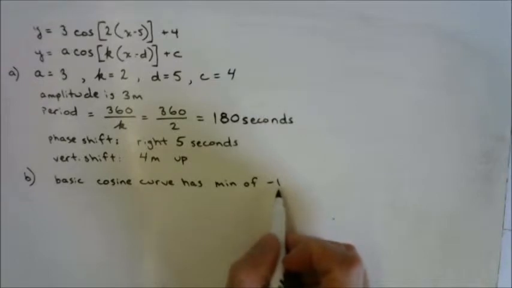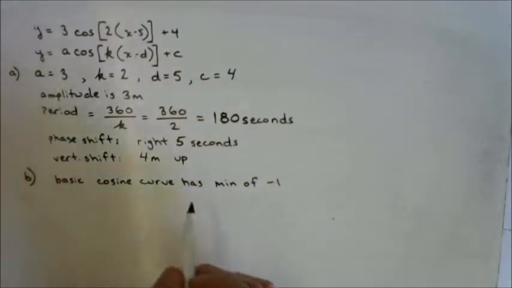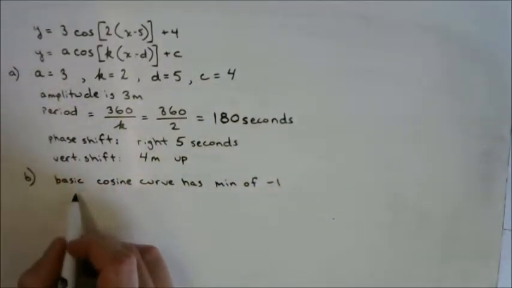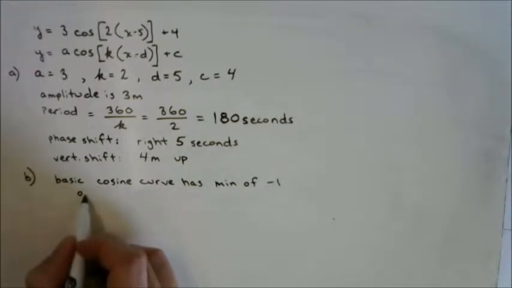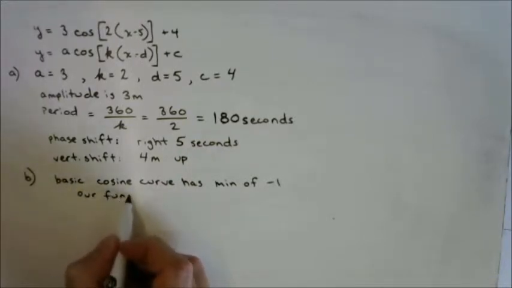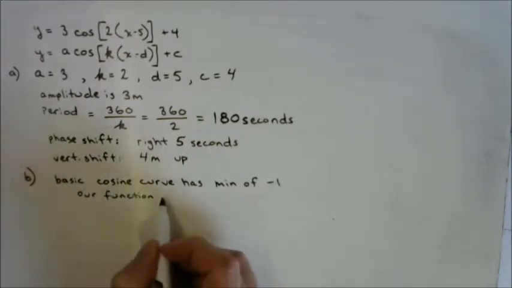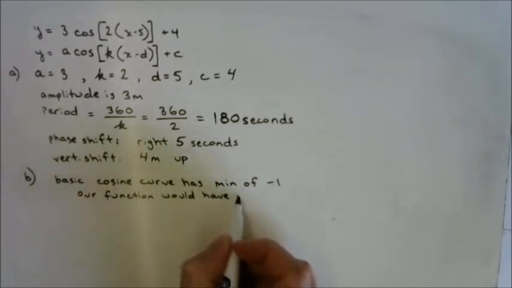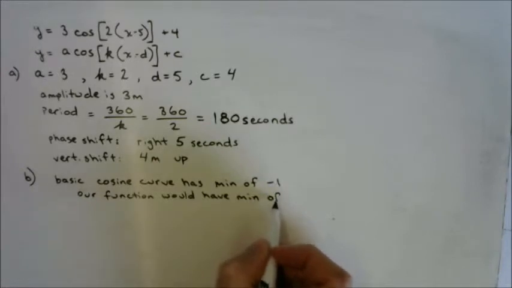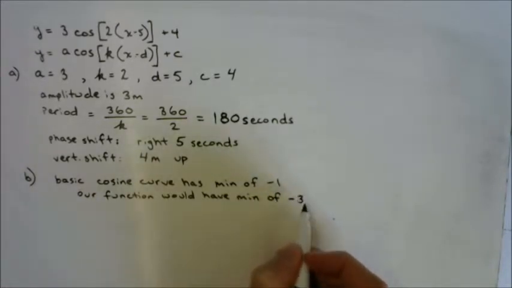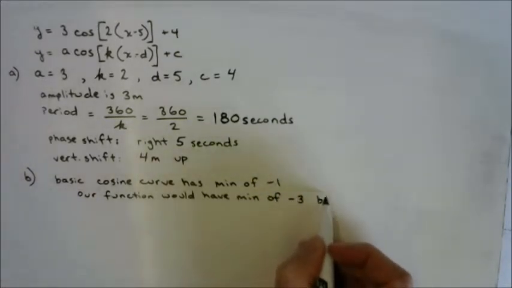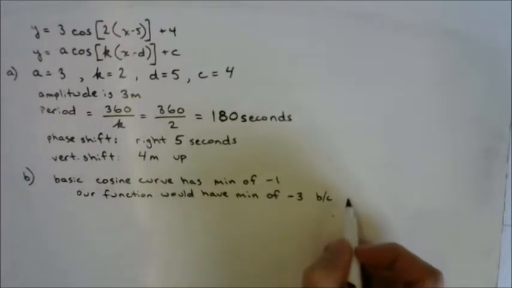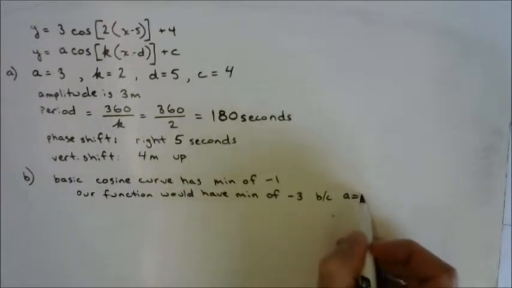So in this case, if we have an amplitude of 3, how would I say this? Our function would have a min of -3 because A equals 3.